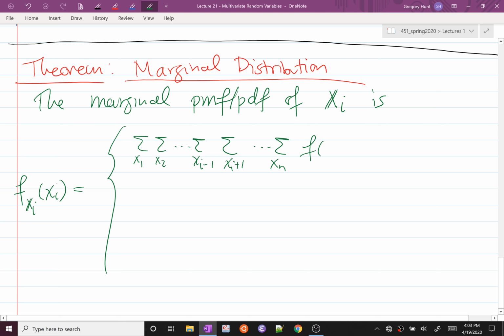And we're just going to sum up the PMF of x1, x2, all the way up to x sub n.